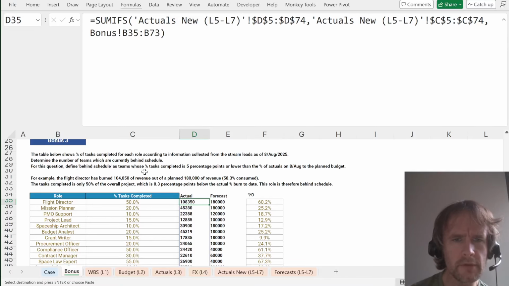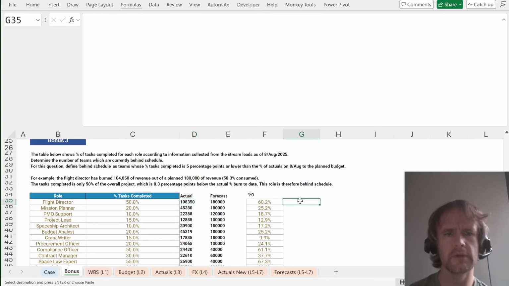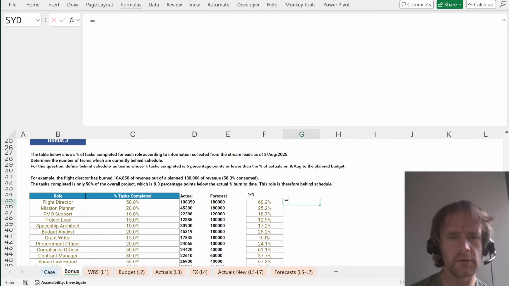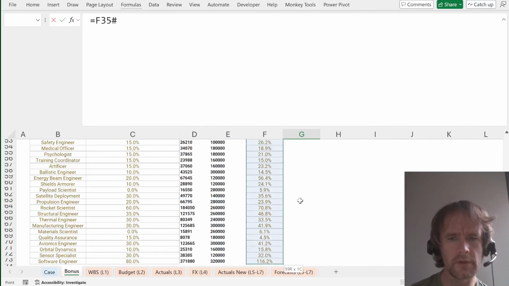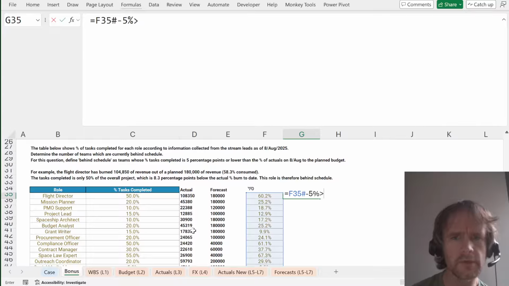Behind schedule, percent tasks completed is 5 percentage points or lower than the percent of actuals. Okay, so this minus 5% has to be greater than or equal to percent or lower.